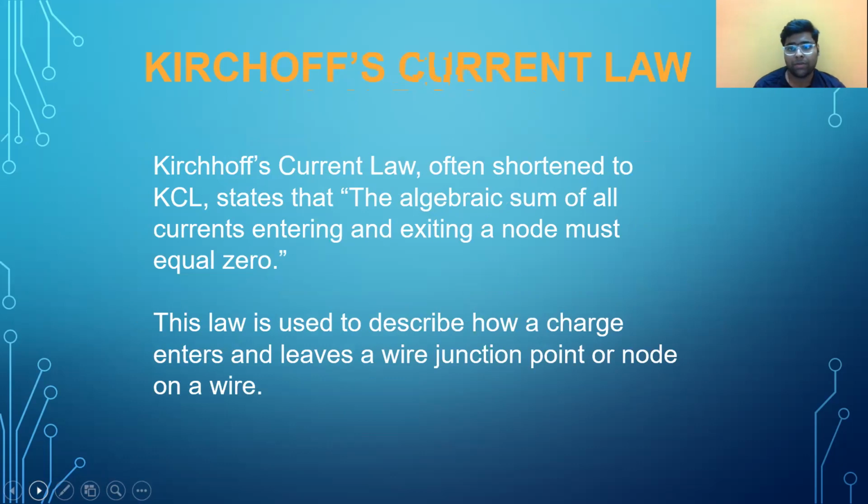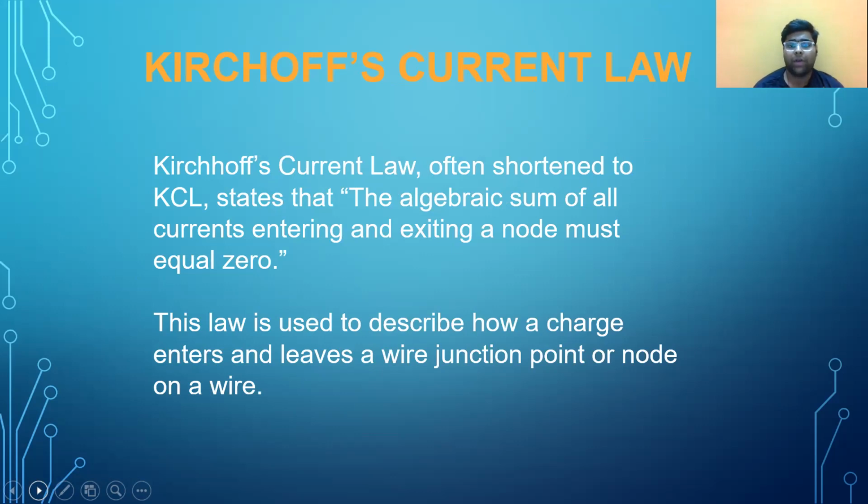In the previous slide, we discussed Ohm's law. In this slide, we will learn about Kirchhoff's current law, which is linked with Ohm's law. Kirchhoff's current law, often shortened to KCL, states that the algebraic sum of currents entering and exiting at a node must equal 0.